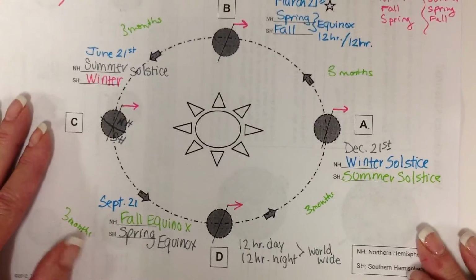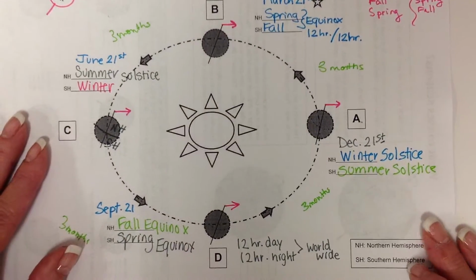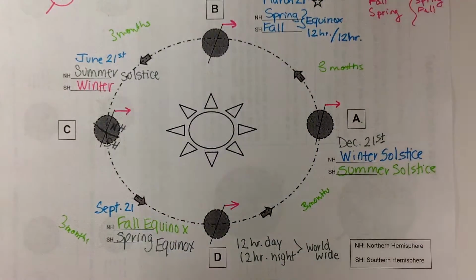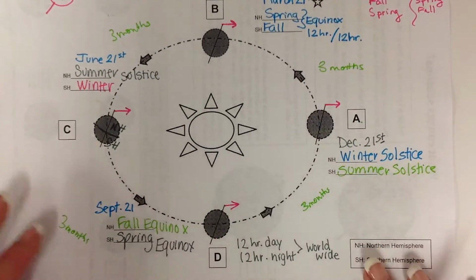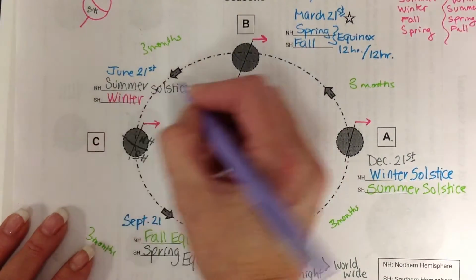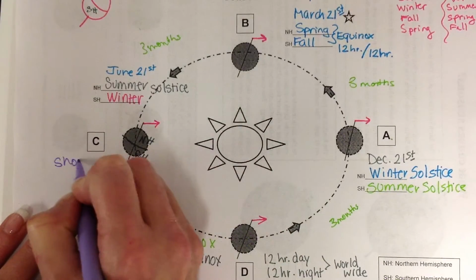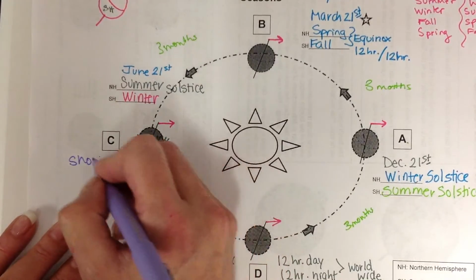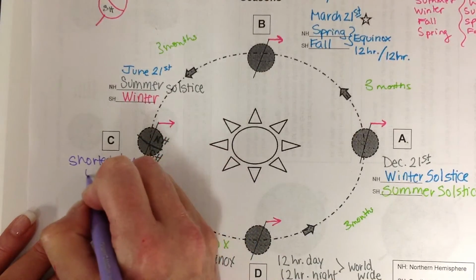Another thing I would like to go over real quickly with you is that the shortest day of the year is when we are having our winter. So this is our shortest day of the year right here for the northern hemisphere because it's winter.